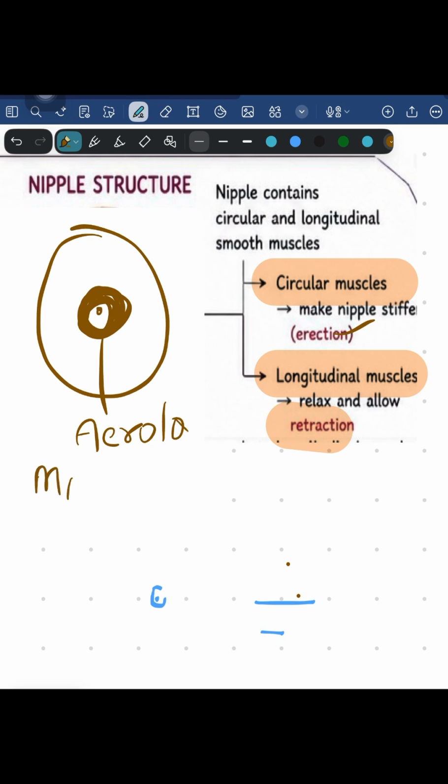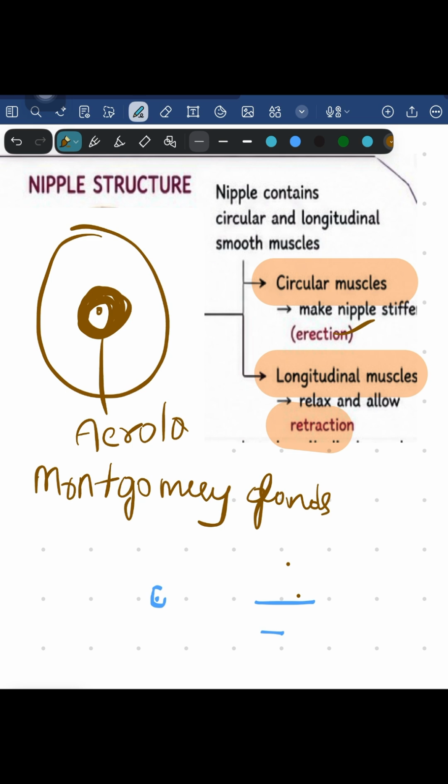The Montgomery glands enlarge during pregnancy and lactation, and their function is to lubricate and protect the nipple and areola.